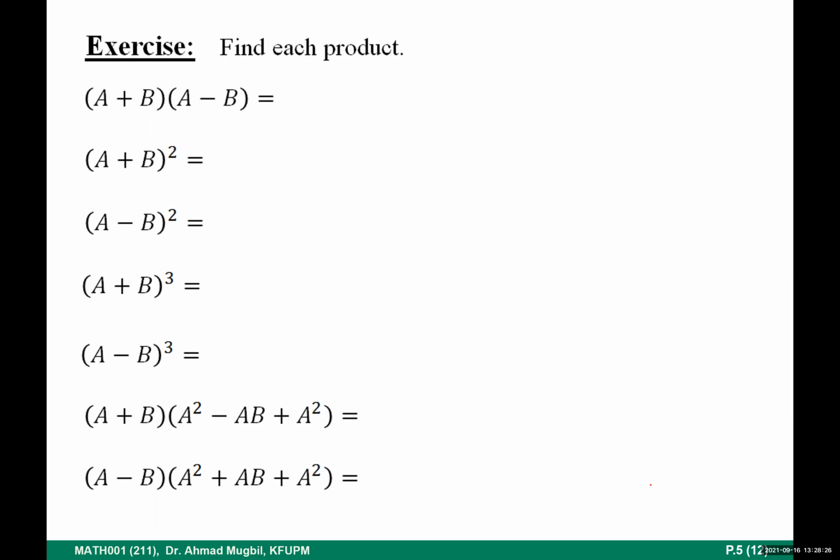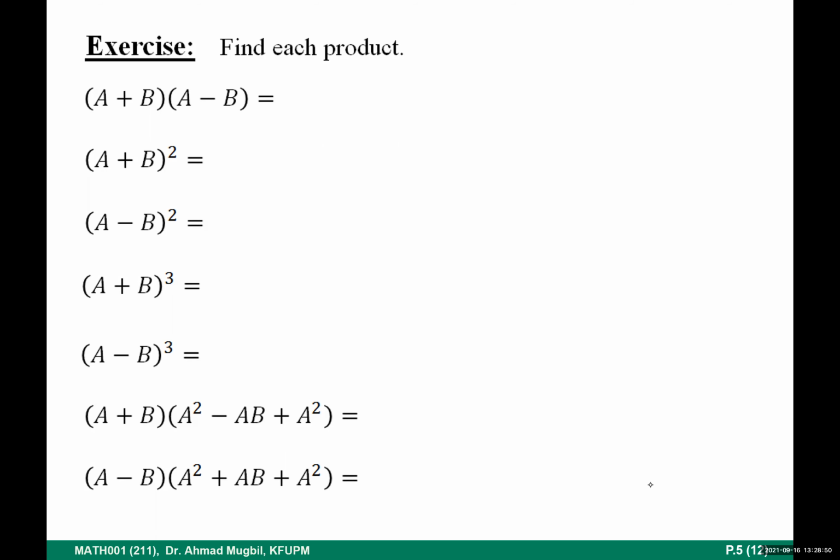Show me how you obtain the result. Don't just write the final answer. Do the process, do the multiplication. Because it looks like you need to know where these are coming from.